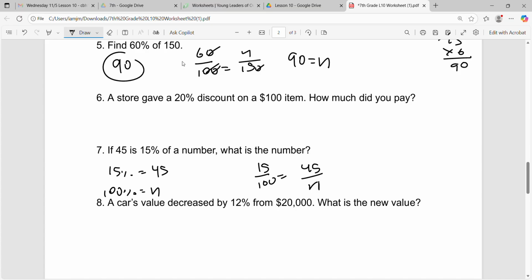Using this new equation, we can solve. So simplify.